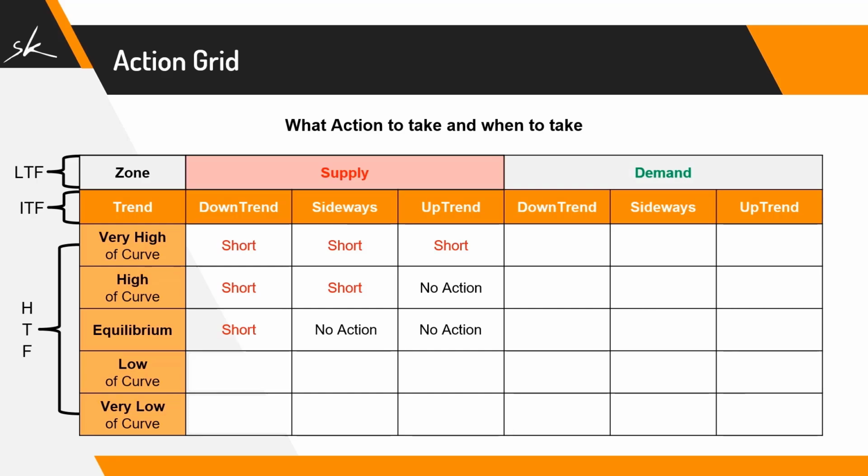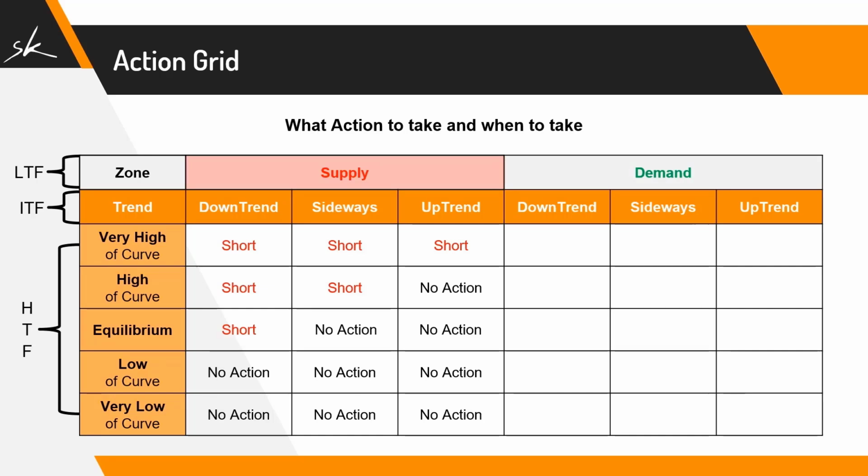When a supply zone is located at low of the curve, it means we are closer to higher time frame demand or cheap price. We will never make the novice mistake of selling at cheap price. Therefore, our action will be no action, be it downtrend, sideways or uptrend. The same will hold true for very low of the curve: no action, be it downtrend, sideways or uptrend.